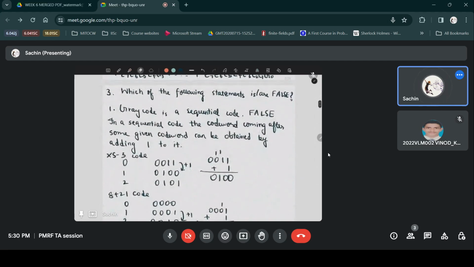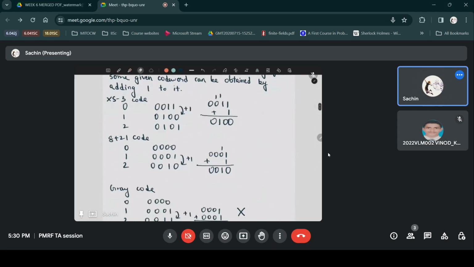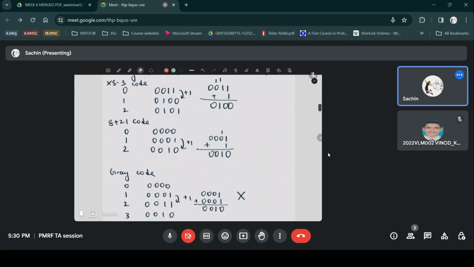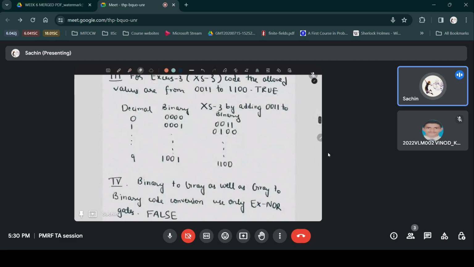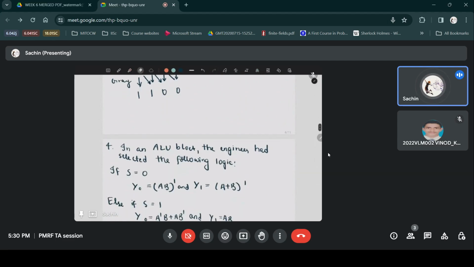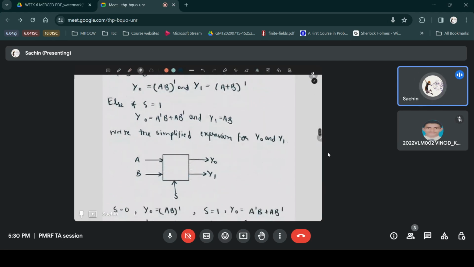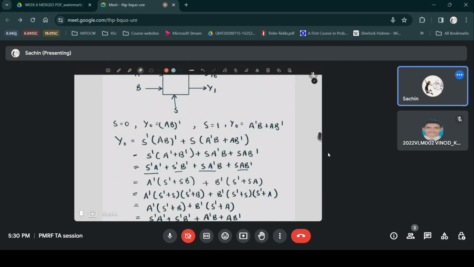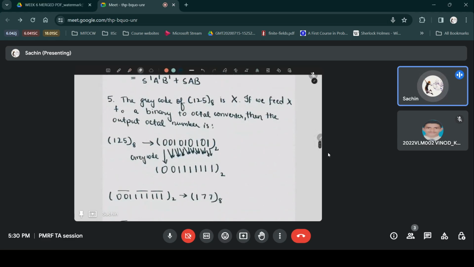Third question, we saw gray codes, then ASCII code, XS3 code, and binary to gray code conversion. In the fourth question, we saw just a simple logic design. In the fifth question, we saw how to get gray code of octal numbers.